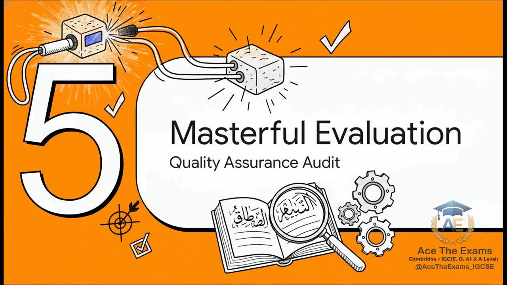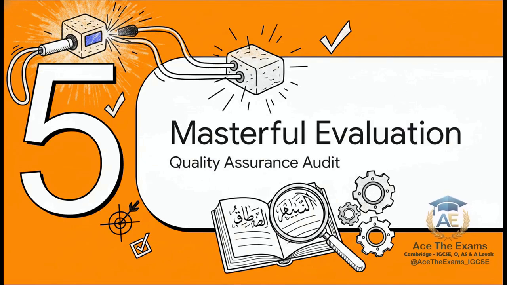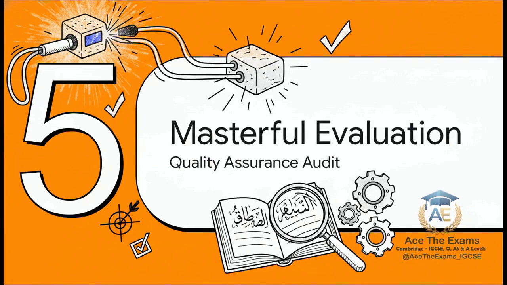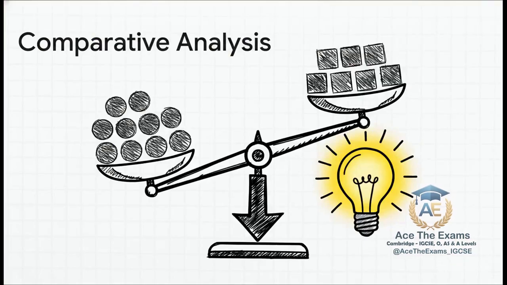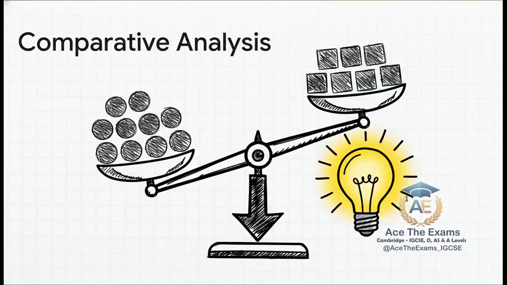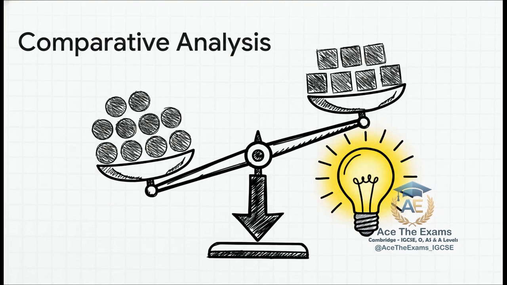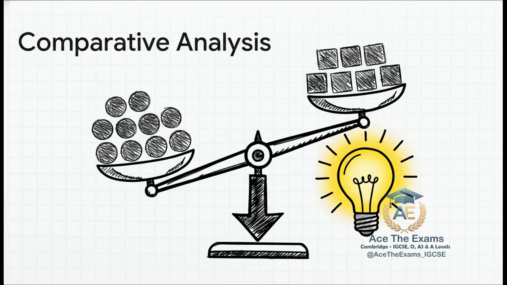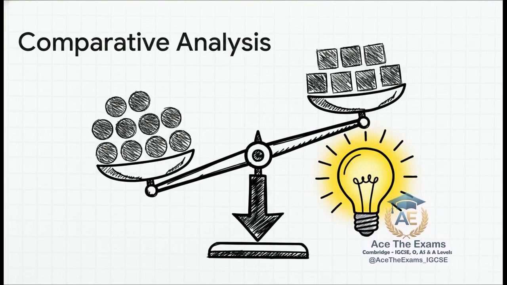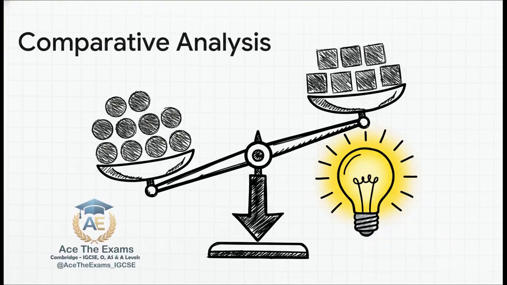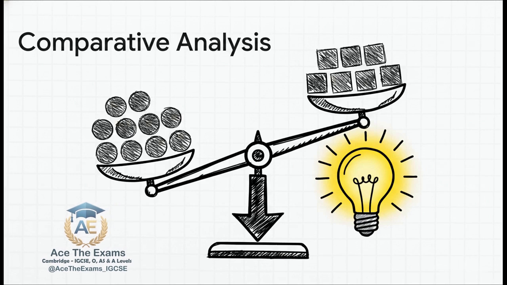Finally, Section 5, Masterful Evaluation and Analysis, initiating the Quality Assurance Audit. We are officially in the final patch phase where we show you exactly how to weld your extracted data to your personal analysis perfectly. Let's detail the required mechanics for comparative analysis, which is absolutely crucial for that 5-mark personal response section.